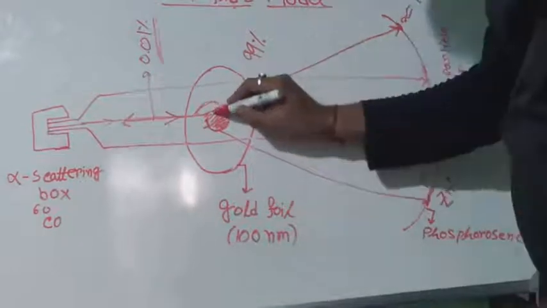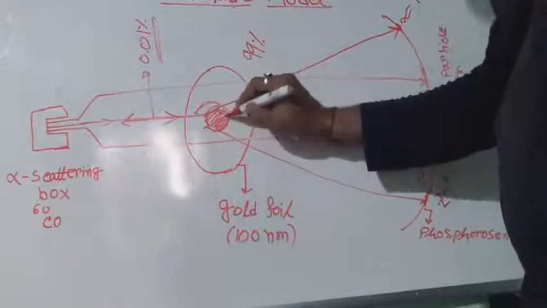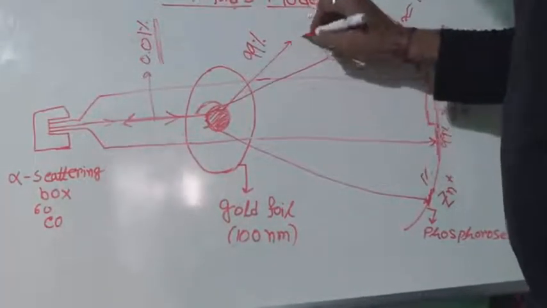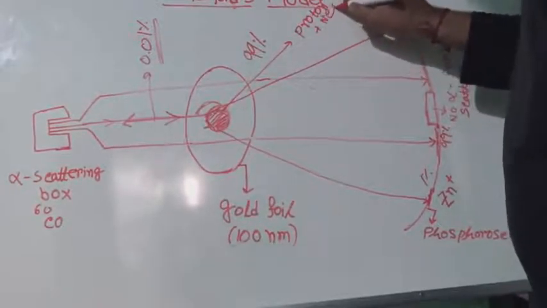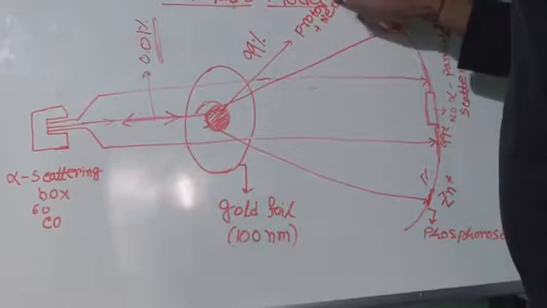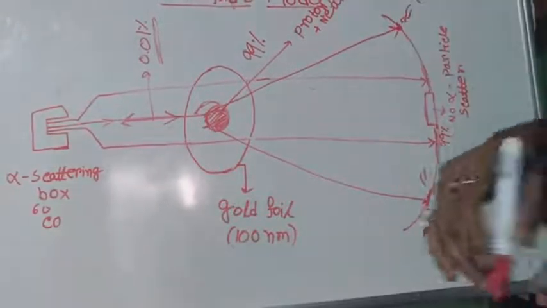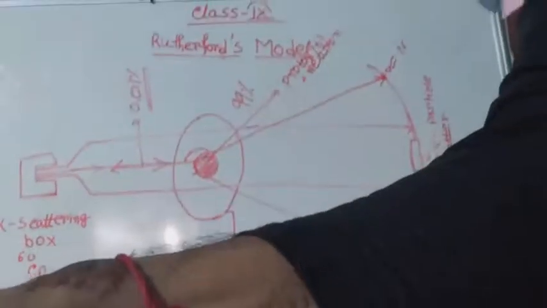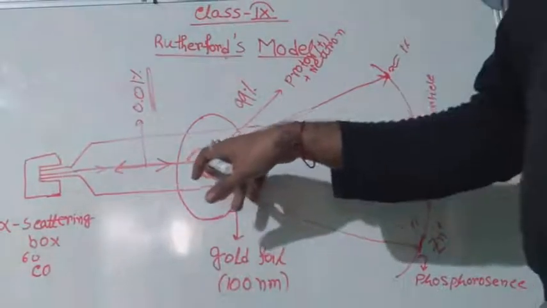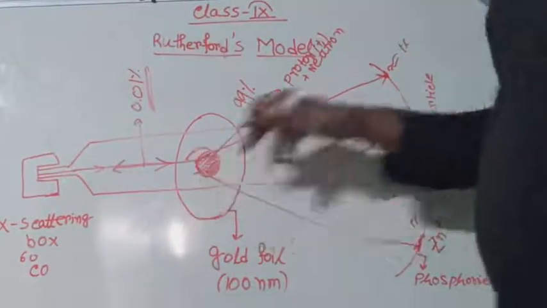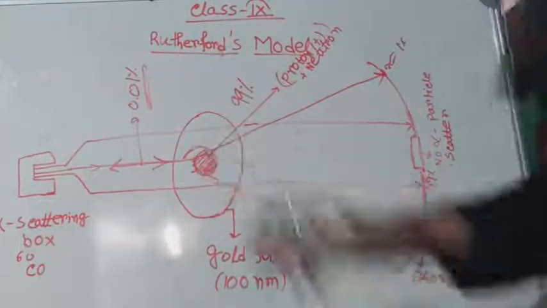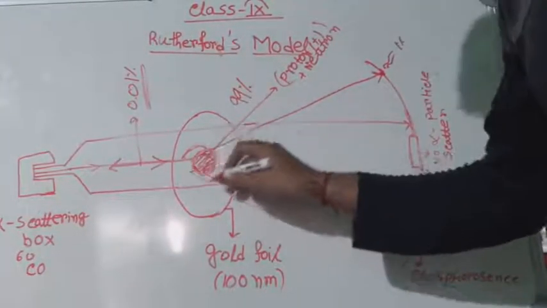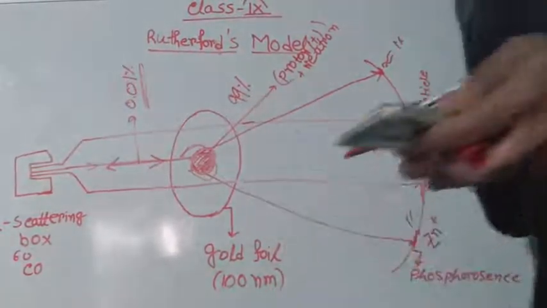Everyone knows that the nucleus has a positive charge because the nucleus contains proton plus neutron, and proton is a positively charged particle. That means if a positively charged particle is present there, for this reason the scattering is observed. From this conclusion, Rutherford said that the positively charged particle is in the center part, the nucleus.